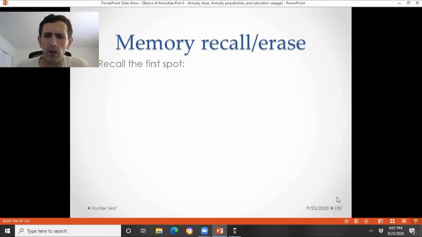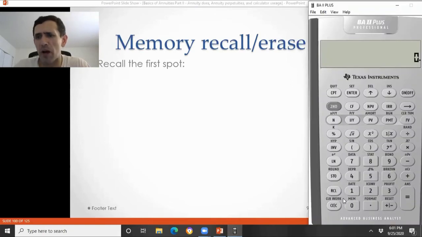Okay, so let's do it in the 6th spot. Let's do e to the 2. It doesn't matter what it is. So let's go store, let's do it in the 6th spot. By default, 0 is stored. Anyway, let's see what's stored where. All you do is go to memory, second MEM.